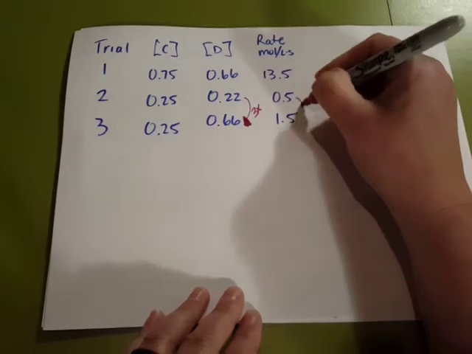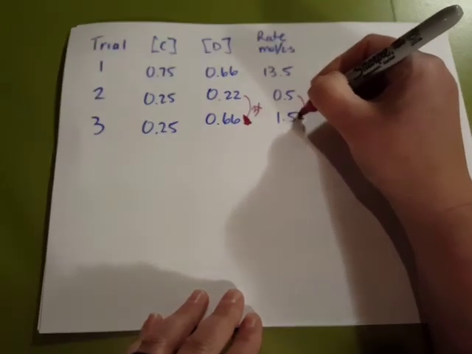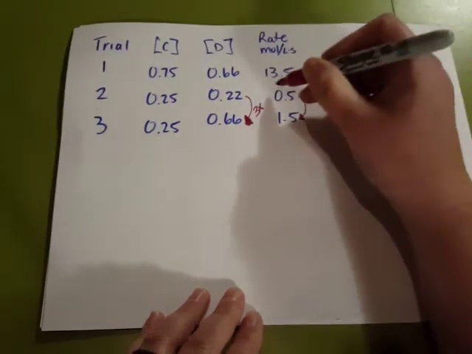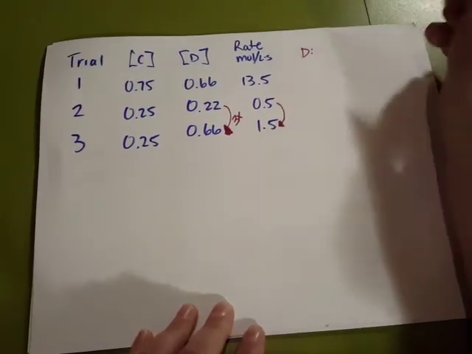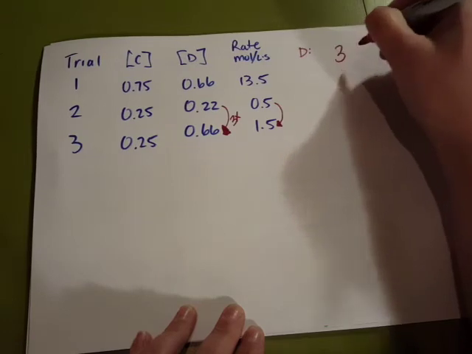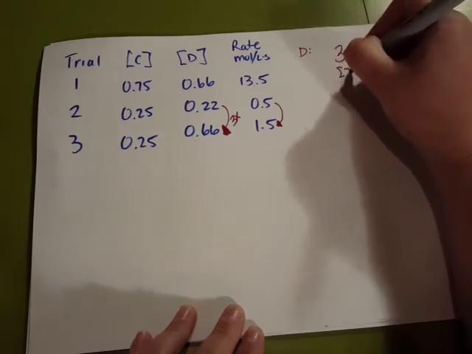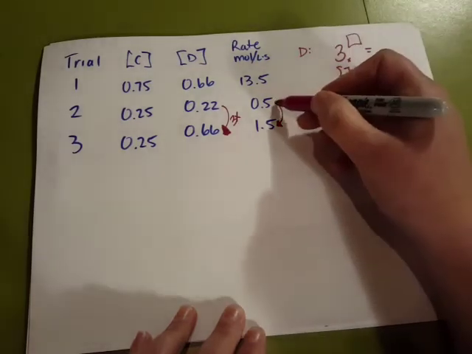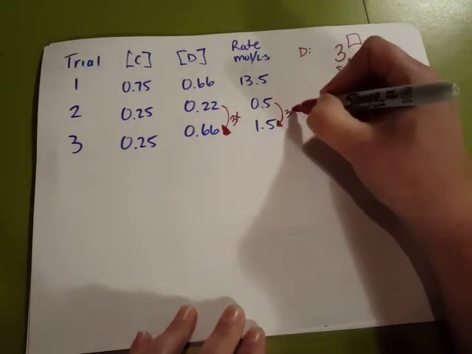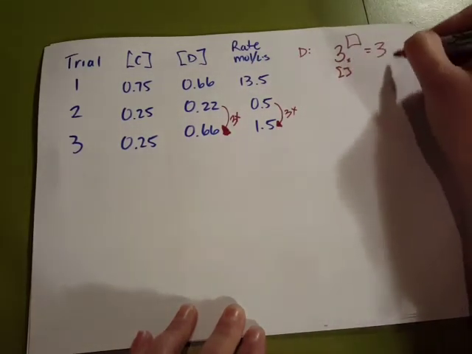But then we also have to look in the same direction over on the rate. So this is for D. If my concentration goes up by 3 times, what happens to my rate? And here my rate goes up by 3 times as well.